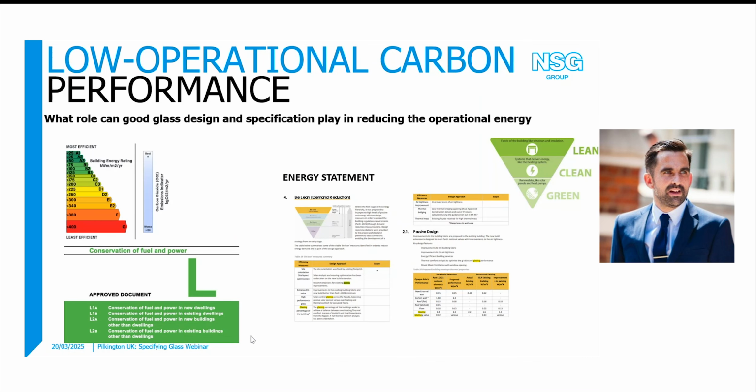Over the years in this area, definitely influenced by legislation like the introduction of energy performance certificates in England and Wales in 2007, and improvements to Approved Document L around insulation and lower U values, this is where design and manufacturing first worked to make advancements. Consequently, this is also where historically, as a designer or a specifier, the choices you would make with regards to your glass spec would make an impact.